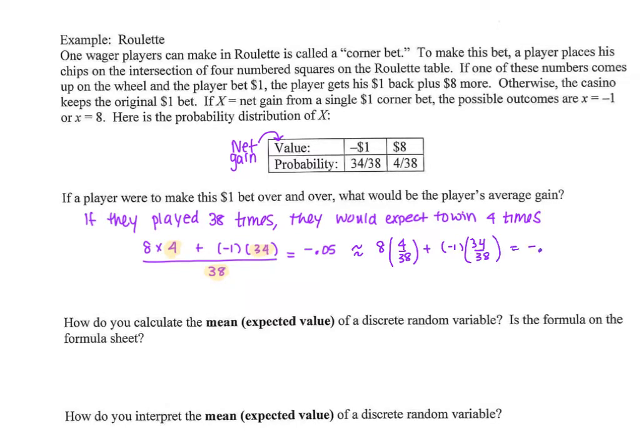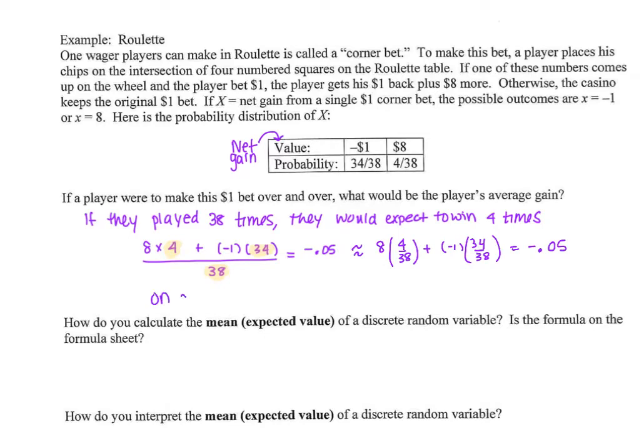So on average, if I played this 38 times, I would expect to lose 5 cents. Your net loss would be negative 5 cents. Like your average gain would be negative 5 cents.